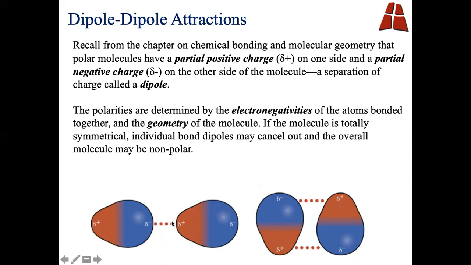In the case of these diatomic molecules, they only have linear direction, so it's pretty easy to find the dipole. But as molecules get more complex, it might be more difficult to determine the dipole, and that's something that we're going to practice in class. Okay.